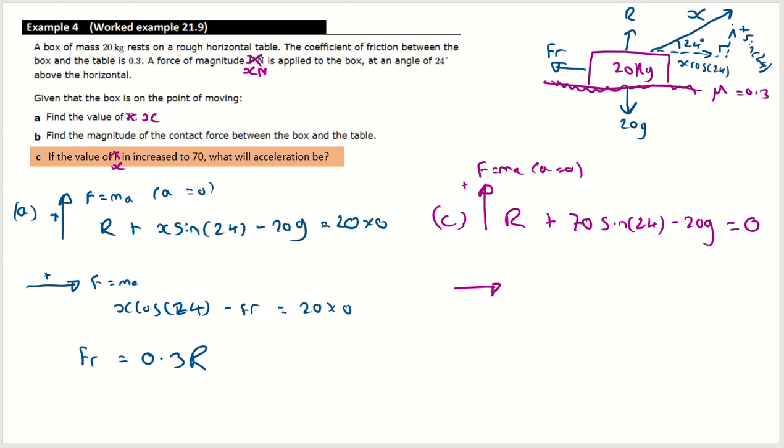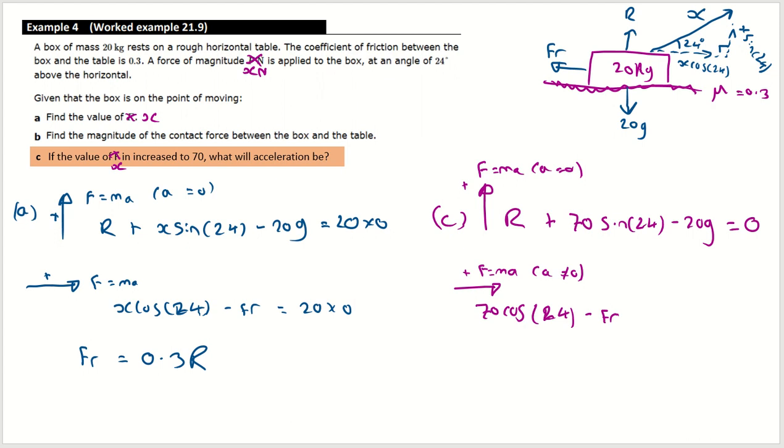Horizontally, again F equals MA, but it's in motion, so this time the A is not equal to 0. So here, the only thing that's going to change, we're going to have 70 cos of 24 minus friction. The friction value that we didn't quite get to is still going to be 0.3R. The R will have changed, but we didn't really calculate it properly last time.